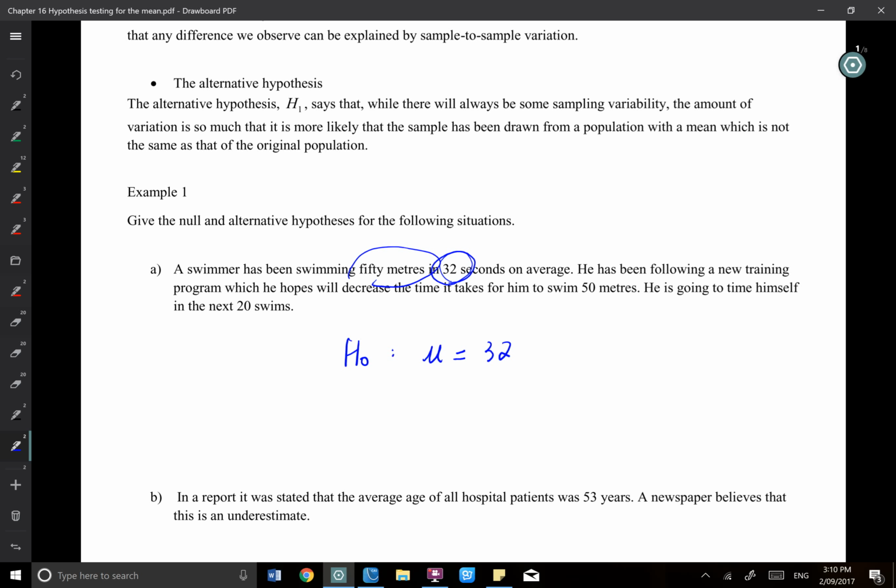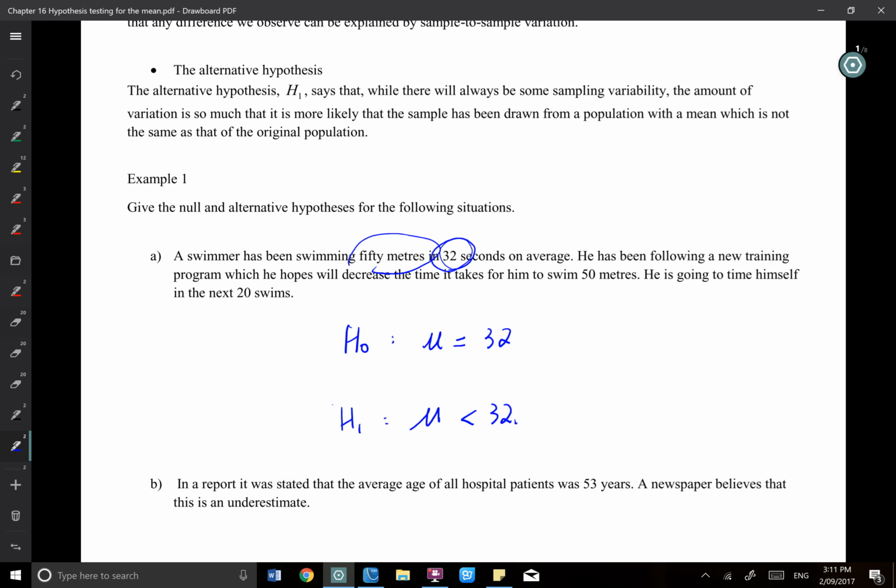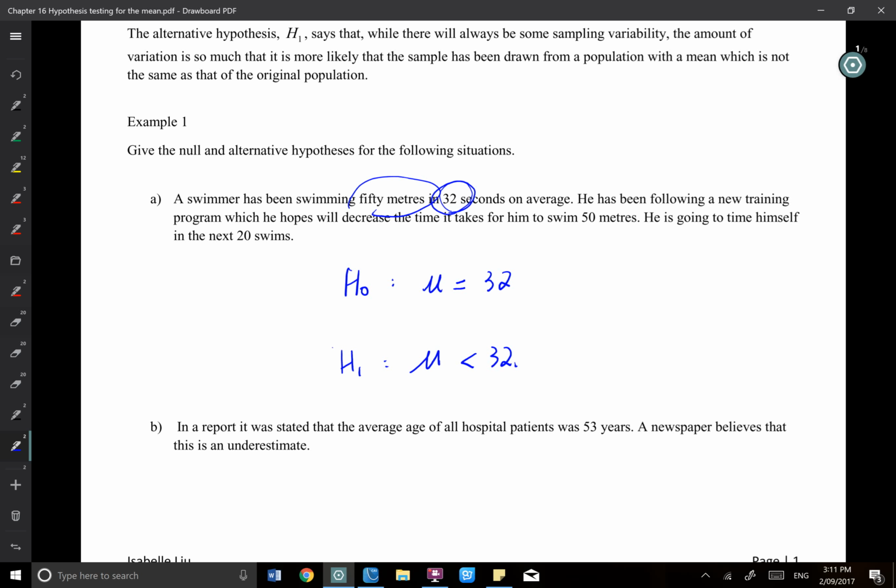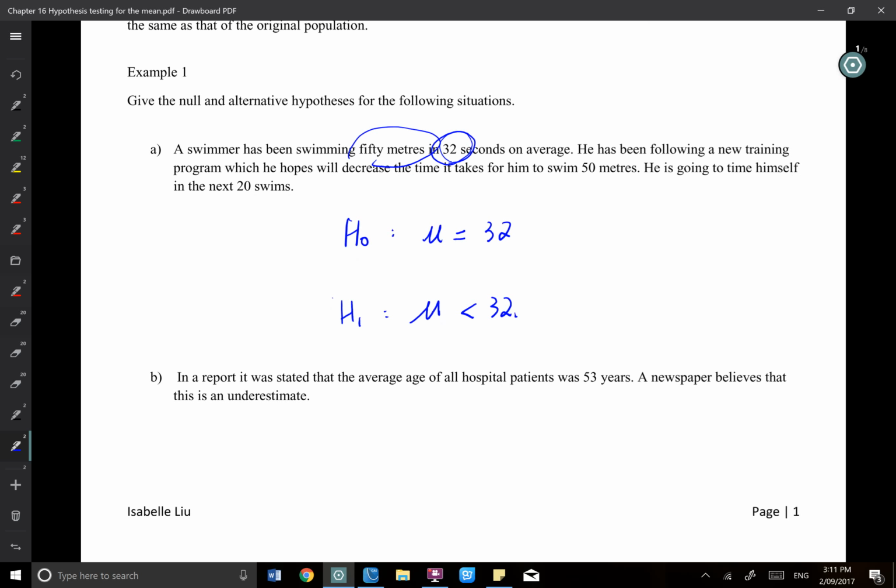Less than 32. H1 is mu less than 32. Those are the 2 hypotheses you have. He hopes he will do that, and he will test the next 20 swims and find the average. We're not talking about any calculation here. We just list the hypothesis test first.